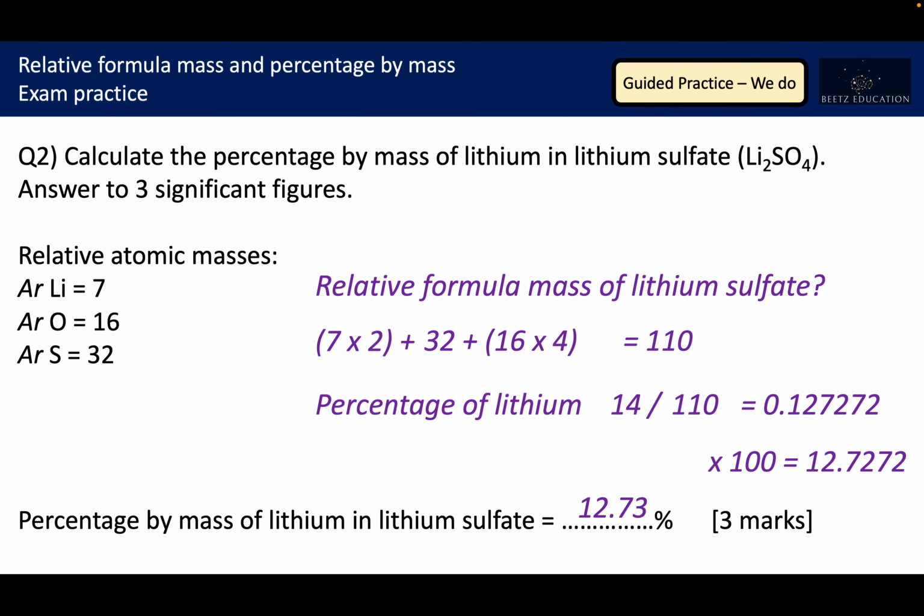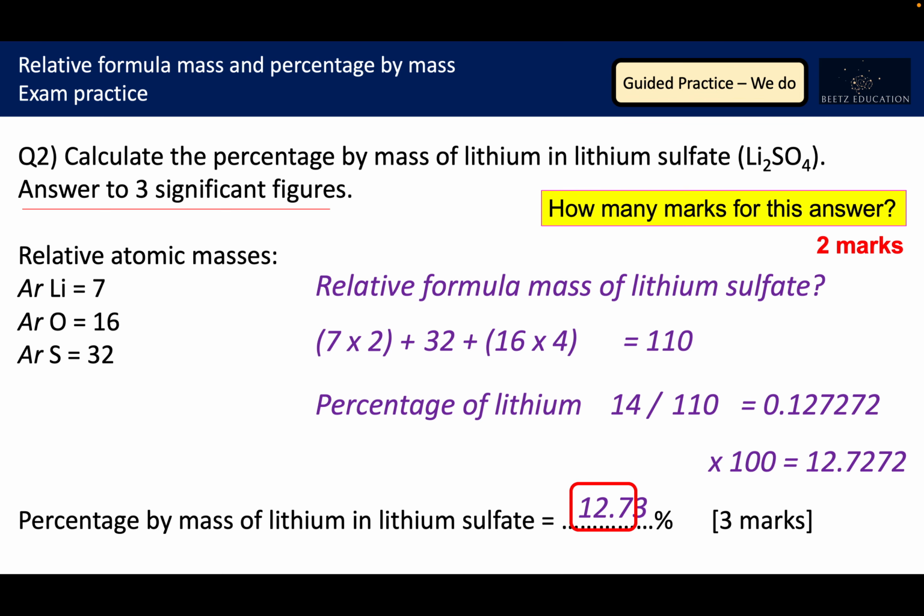Right then, so 2 marks would be awarded, 1 for the correct calculation of relative formula mass, and the second for their correct percentage calculation.